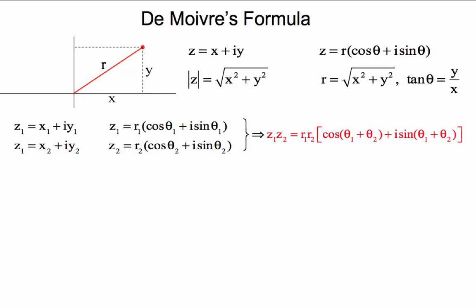Here's a quick summary of what we've learned so far. If you take any complex number z, it has a real part and an imaginary part. The real part is this distance here, x, and the imaginary part is this distance here, y. The magnitude of this complex number, which is over here r, that's the square root of x squared plus y squared, is of course got from the Pythagoras theorem.